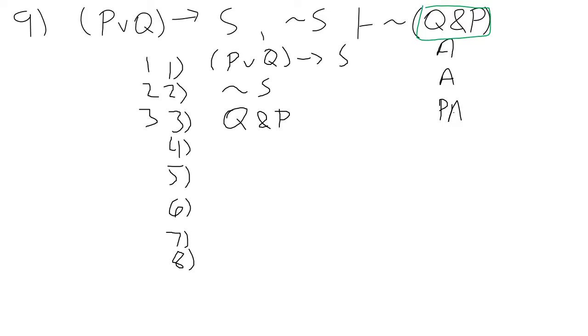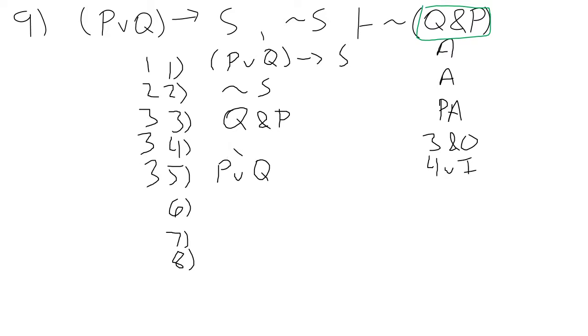Now you might immediately see I've got an S and not S, so let's just try to build that. To build that, we just need the antecedent for the first line conditional here. We can take out either or. We can take out the Q from 3 ampersand out, and then we can wedge in the P, doing 4 wedge in.